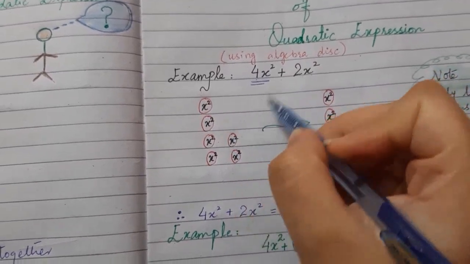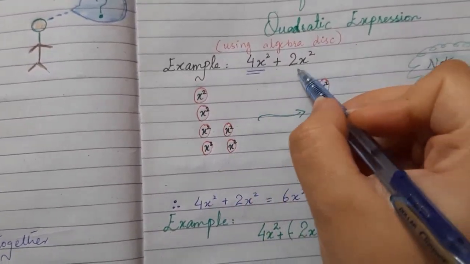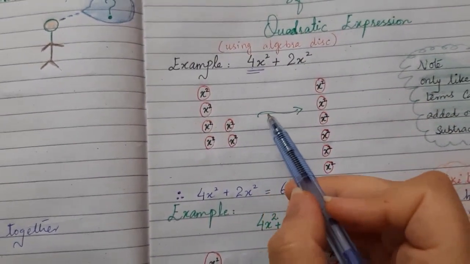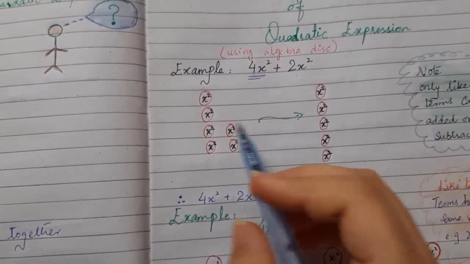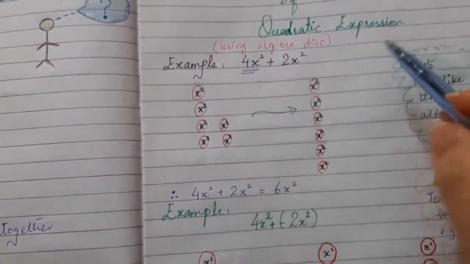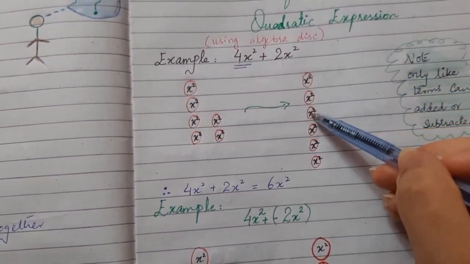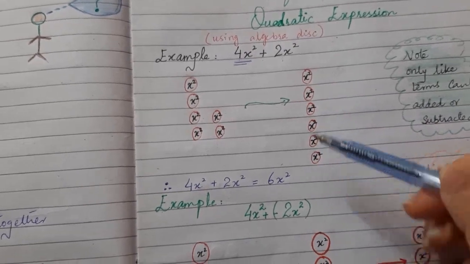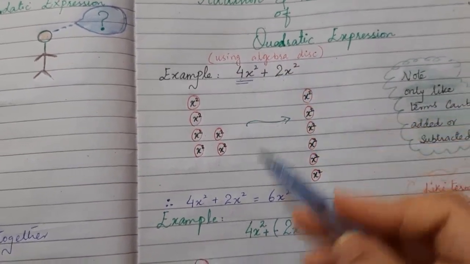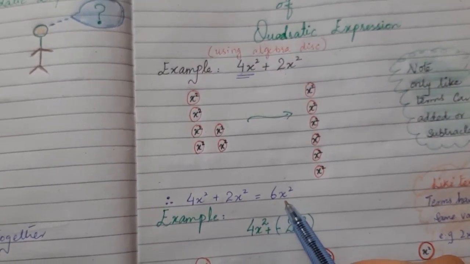And then you have to add it with how many other discs? 2x square. When you are going to group them up, you will get how many x square discs are there? Yes, you will get 6 x square discs. It means that when you are going to add 4 plus 2, you will get 6 x square.